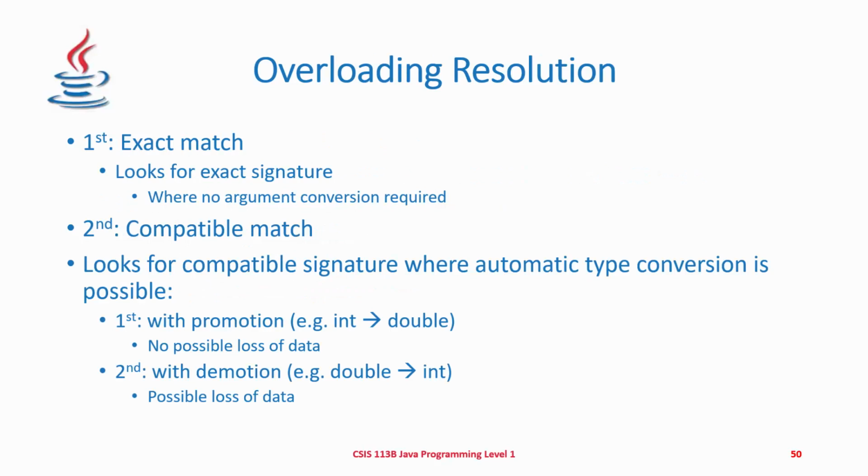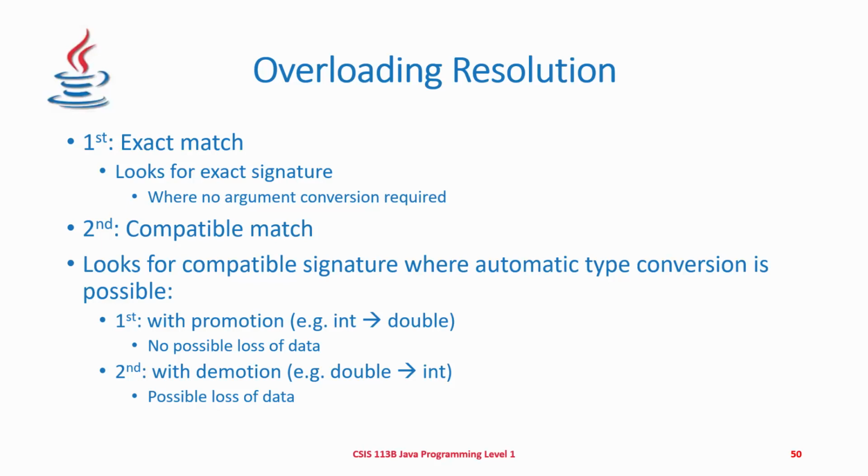First, if we have an exact match, we're looking for that exact signature, then no argument conversion would be required. In the second case, where it looks for a compatible match, it's still looking for the same number of arguments, but the compatibility comes in with the data type.